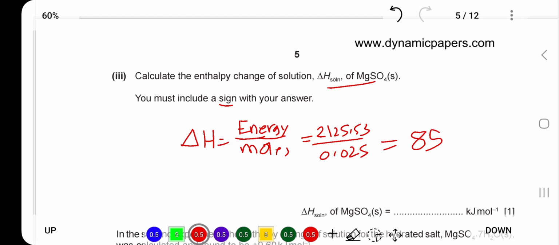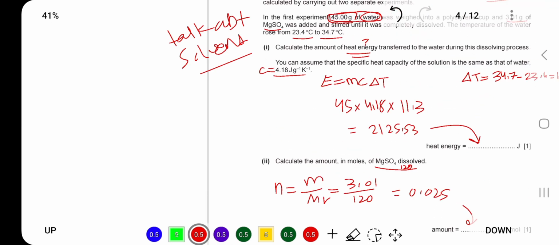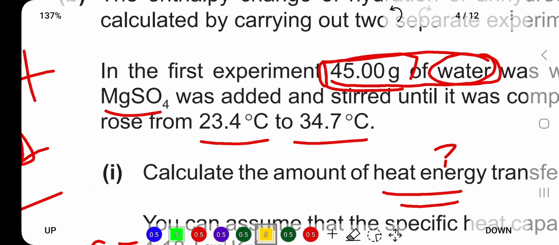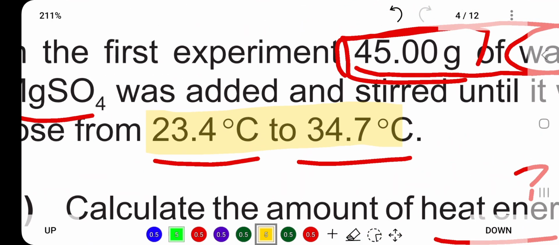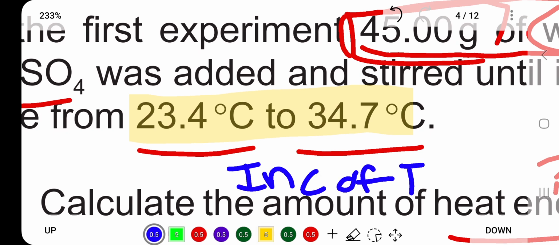Now you won't know what this sign is, but yes you can, because you have a trick. So what do you notice? You see that there is an increase of temperature.